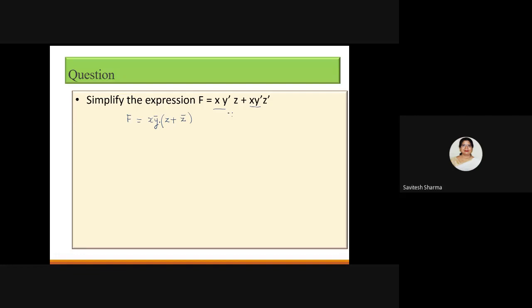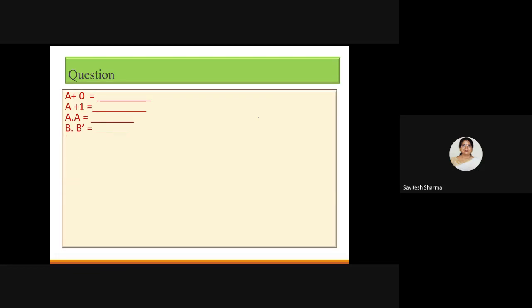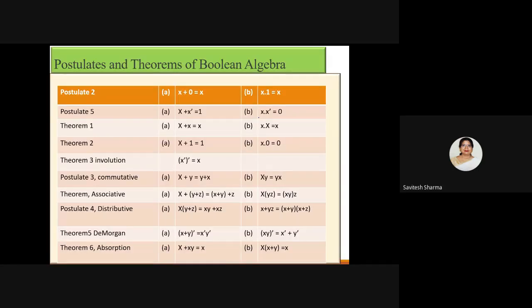You write the theorem on the right hand side, the theorem you are using here. Which theorem am I using, because I am taking common? You go back and see the list.